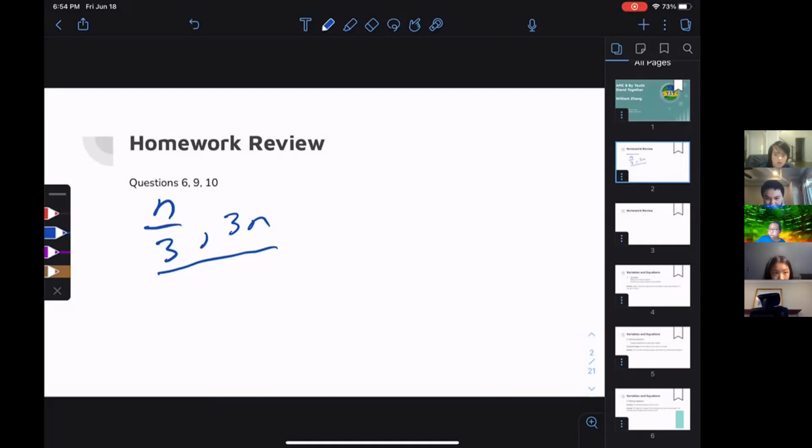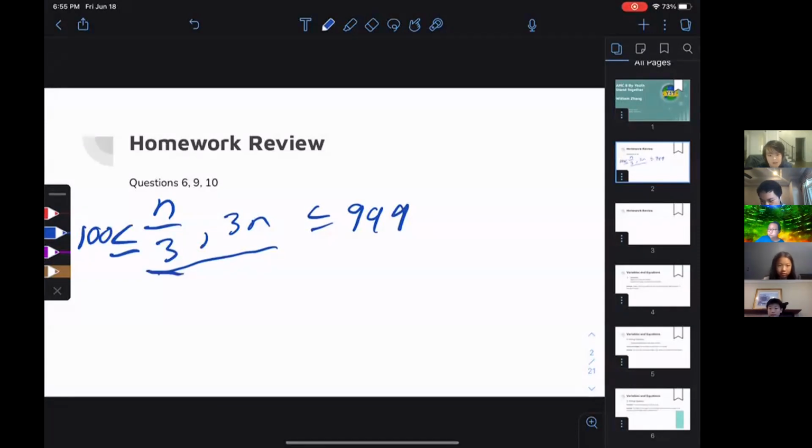All right, I guess no one is willing to volunteer for this one. So for it to be 3-digit, both of these have to be greater than or equal to 100 and less than or equal to 999. And yeah, n over 3 is the smaller one.